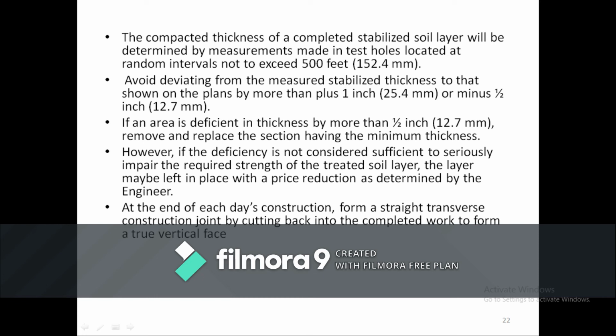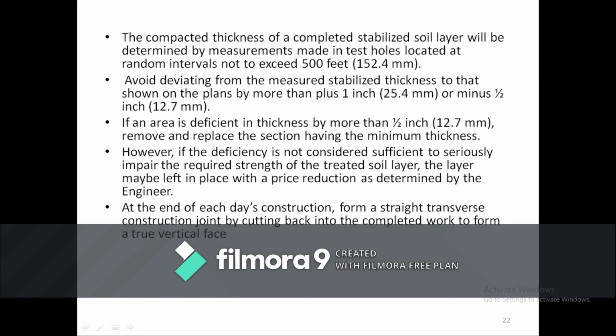So whenever you are checking deviations, it should be plus 1 inch or minus half inch. If an area is deficient in thickness by more than half inch, remove and replace the section having the minimum thickness. Removing and replacing should be done.